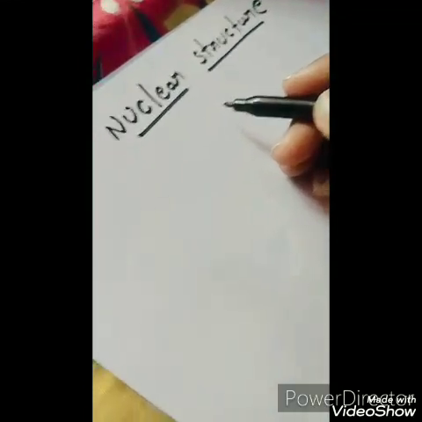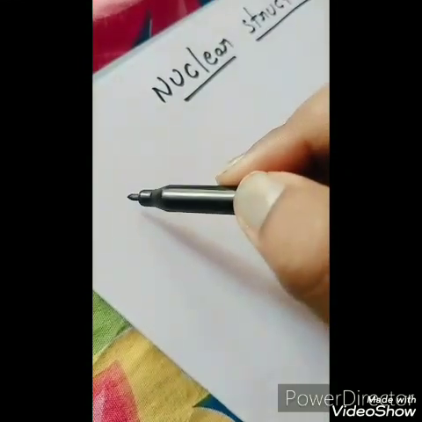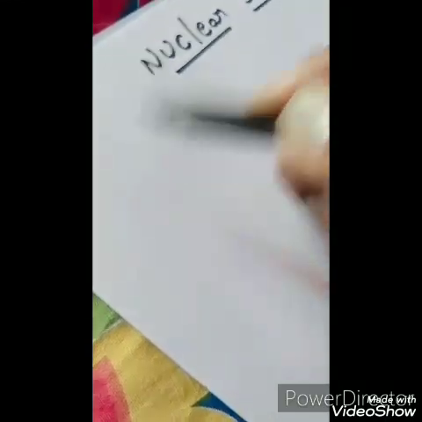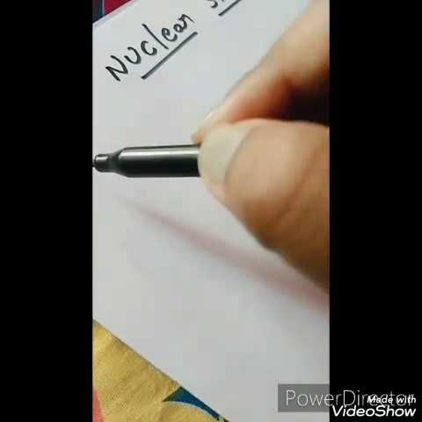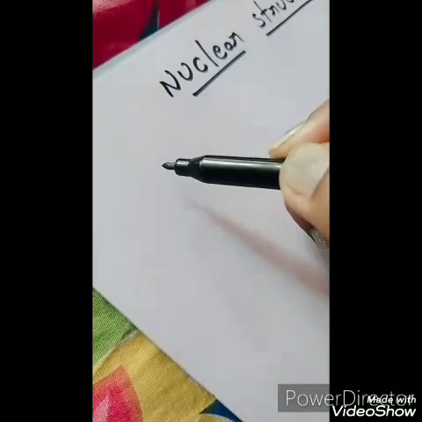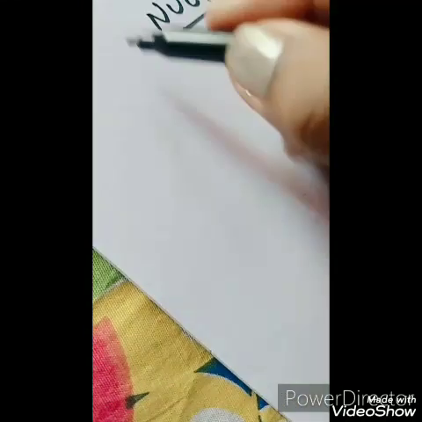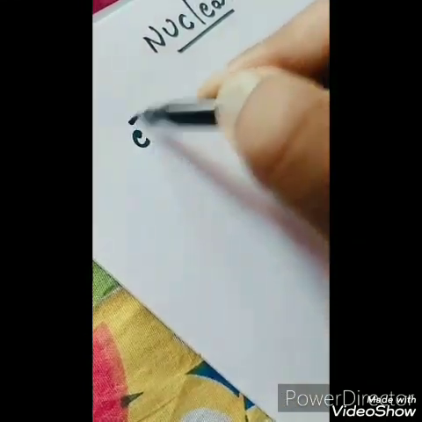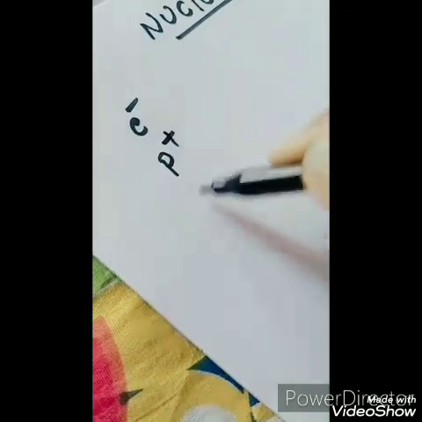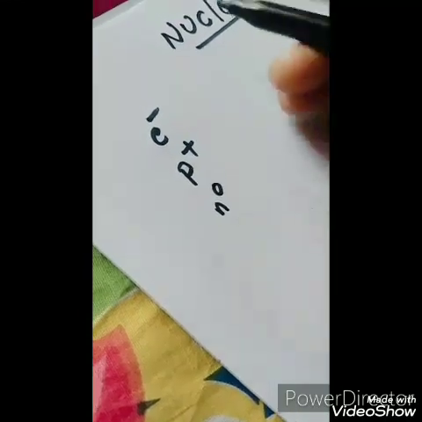Knowing the atomic number and mass number of an element, the number of electrons, protons and neutrons in the atom of the element can be calculated. Already I said about electrons, protons, neutrons.